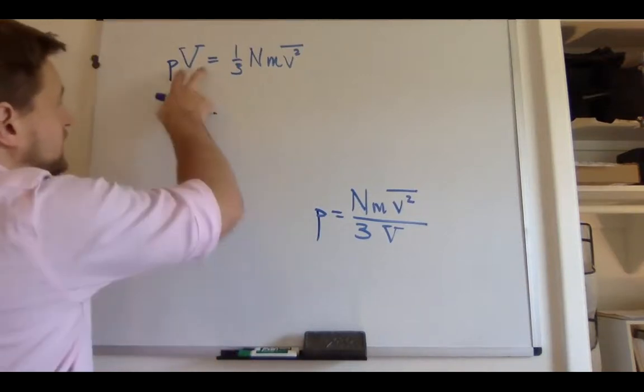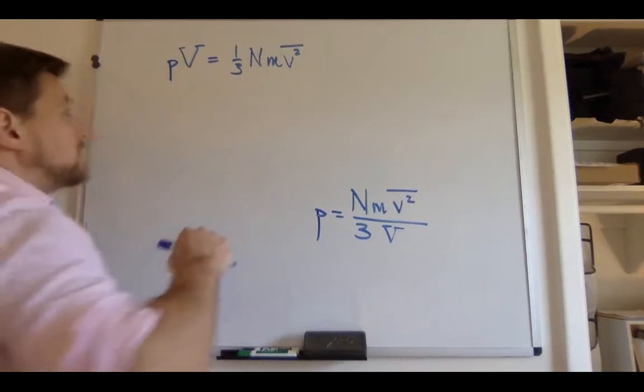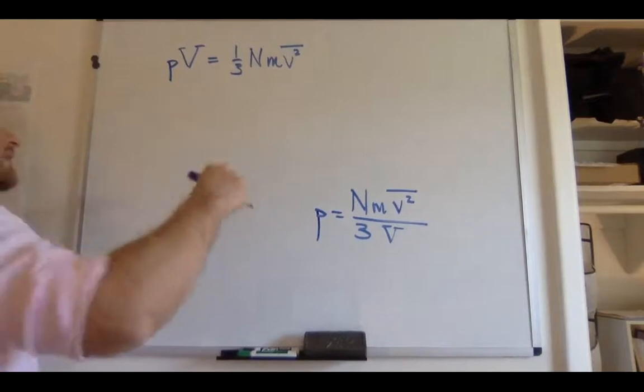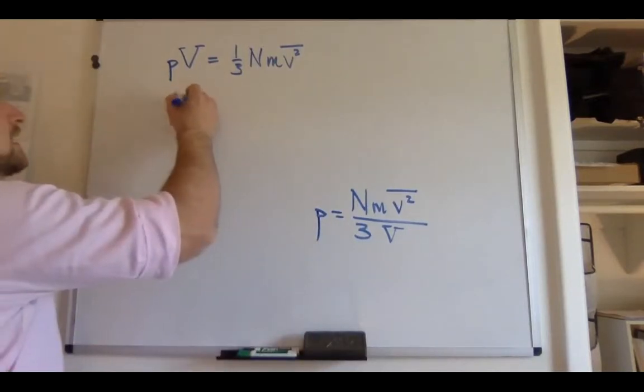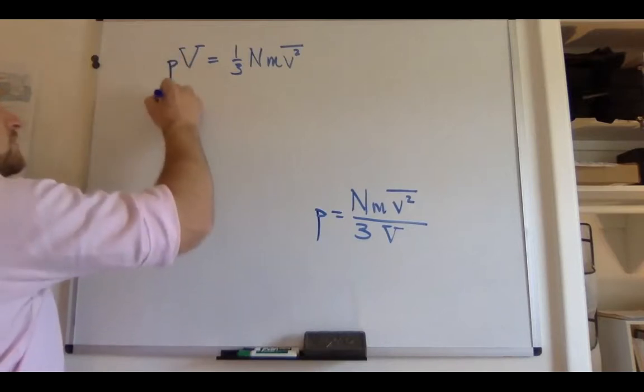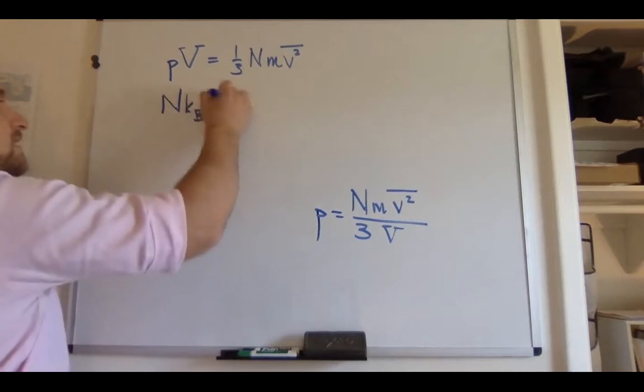If we express the ideal gas law in terms of the number of molecules instead of the number of moles, we said, like 15 minutes ago, that the pressure times the volume should be the number of molecules times Boltzmann's constant times the temperature.